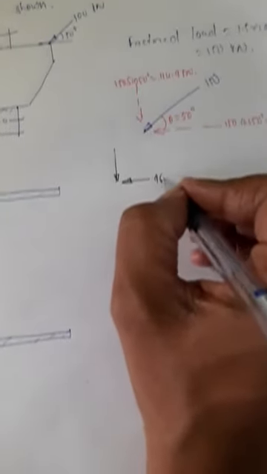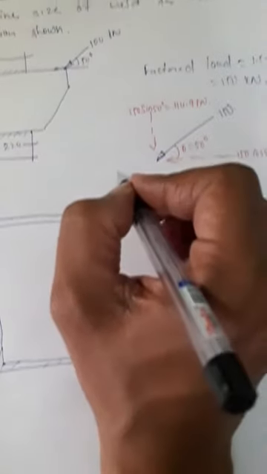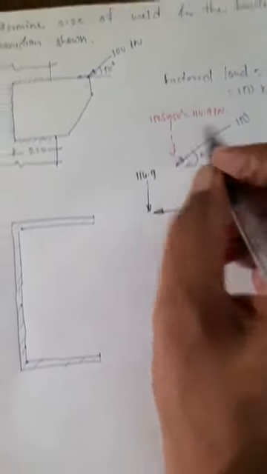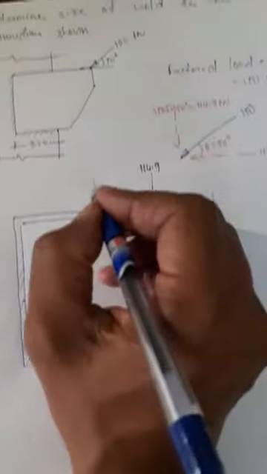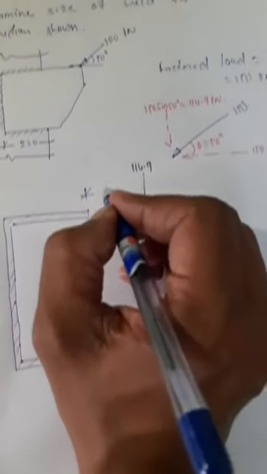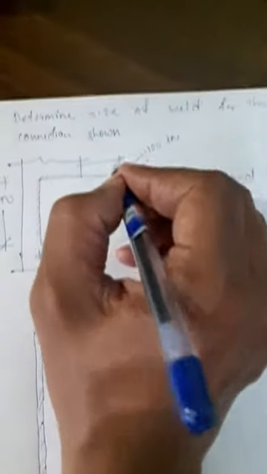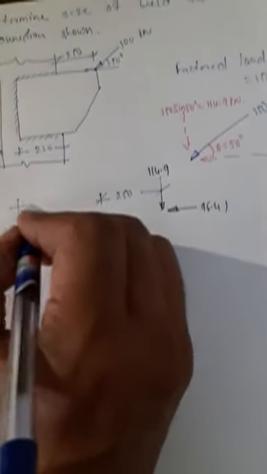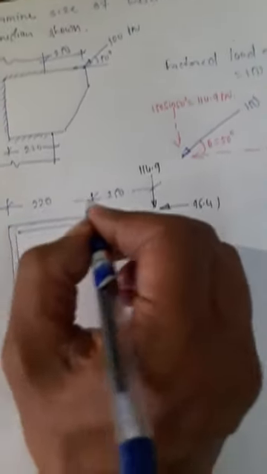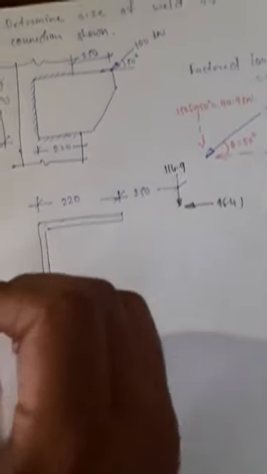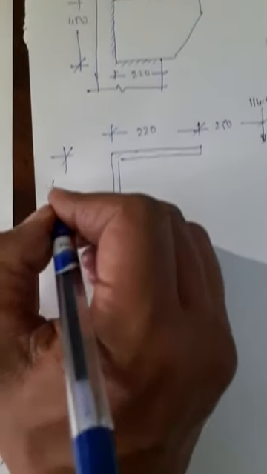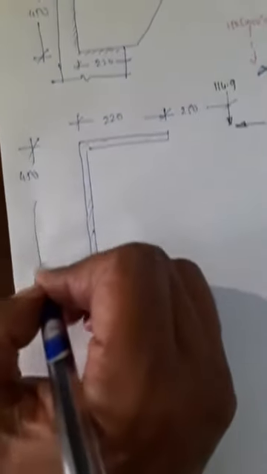So this is 96.41, and this is 114.9. Let me write the dimensions. This is 250 mm, as given in the problem itself. This is 220, and this dimension is 450.